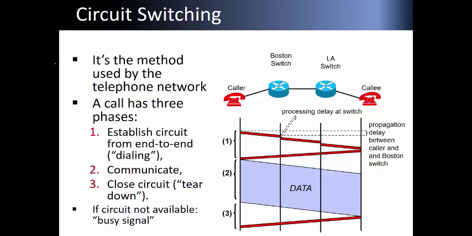Okay, circuit is established. So as you can see here, number one, establish a circuit from end to end, and then communicate, and then tear down that circuit. It is a very old technique.